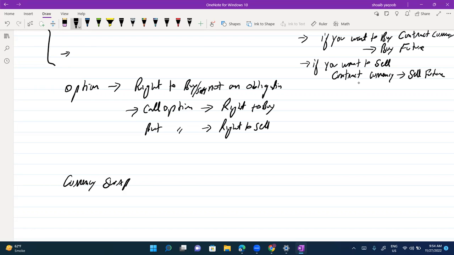Here, guys, you also have to revise the interest rate derivatives. So that's the brief introduction of the chapter.